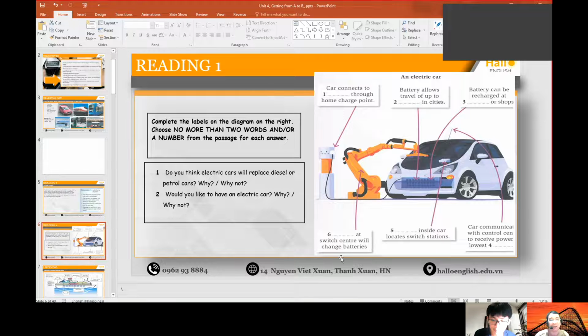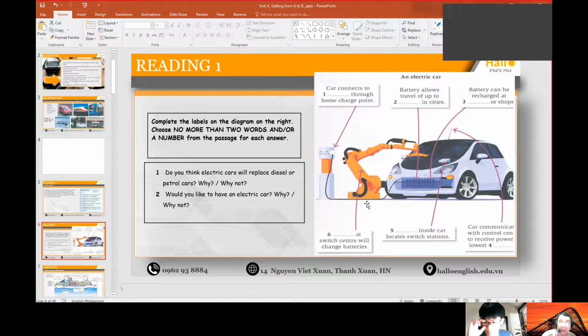Next, what about number six? Blank at switch center will charge batteries. Charge point. Yes, because this one is the charge point.